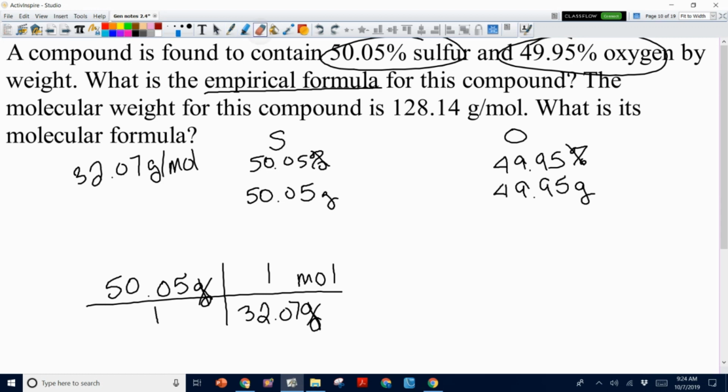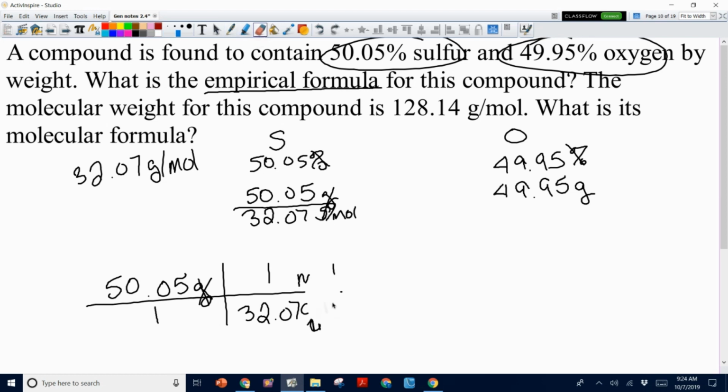All right, so look at the shortcut. You're just taking this mass and you're dividing it by 32.07 grams per mole. The grams cancels out and leaves you with moles.